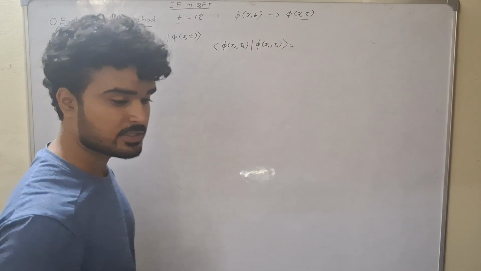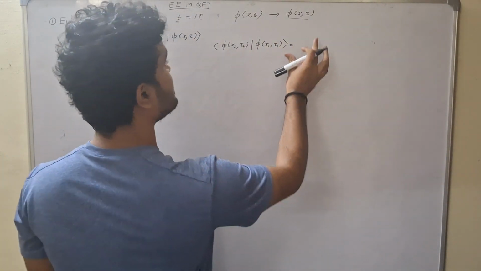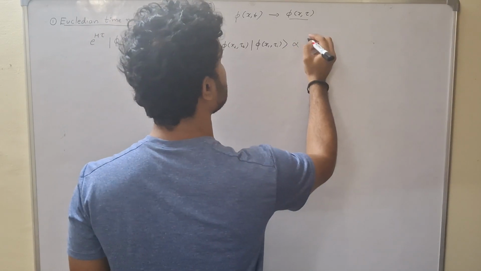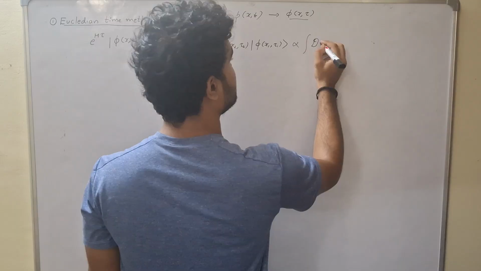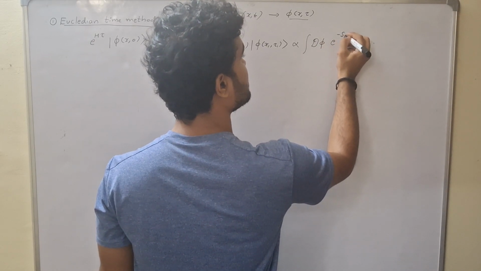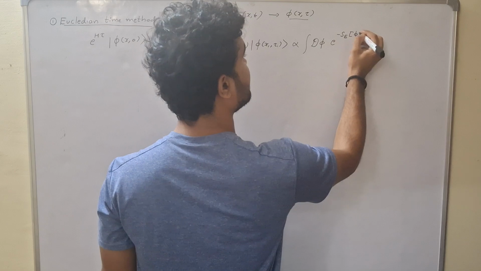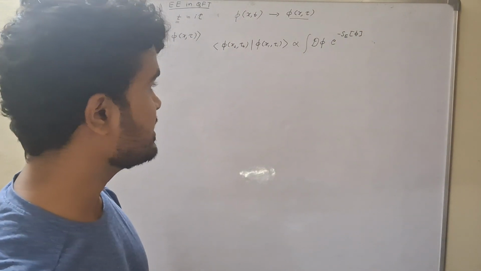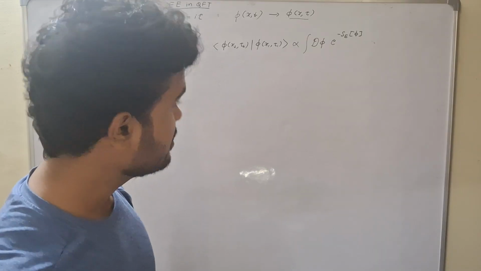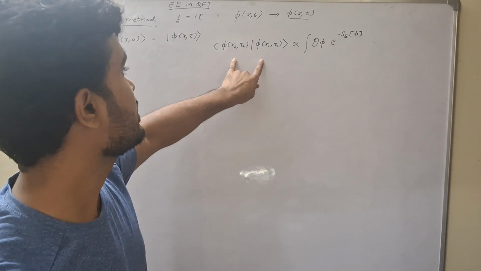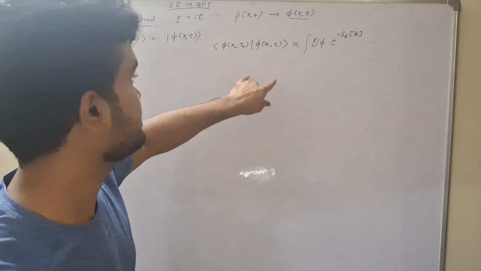This transition amplitude in terms of path integral is proportional, up to some normalization constant, to the integral of D phi and exponential minus S_E of phi. This is our action functional, and that is also the Euclidean action. So this is our transition probability amplitude or path integral.